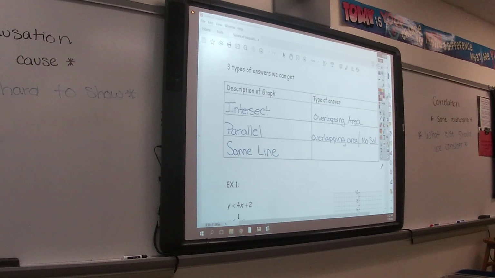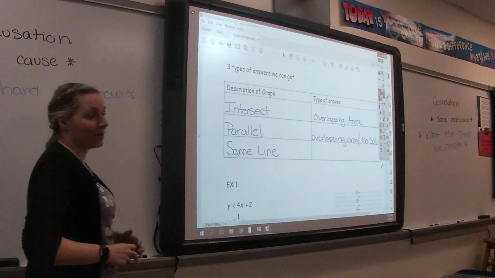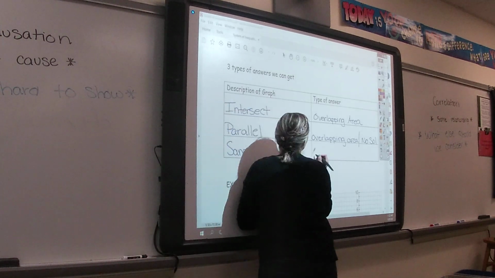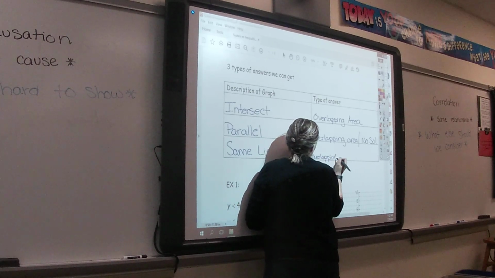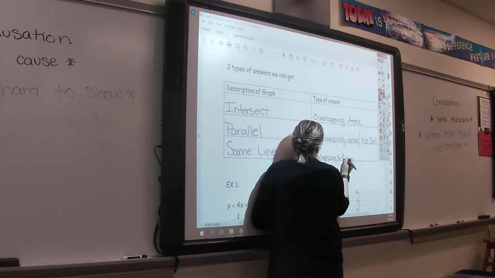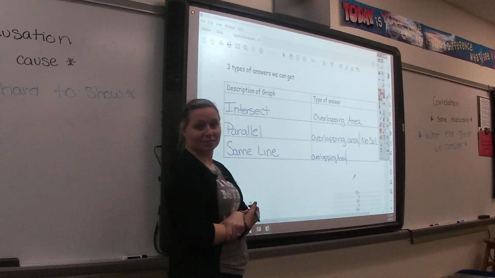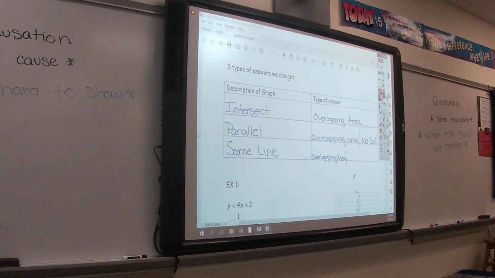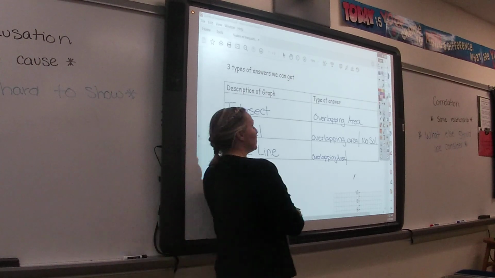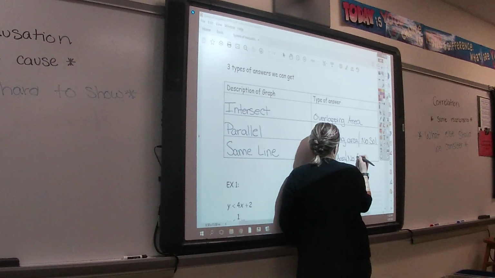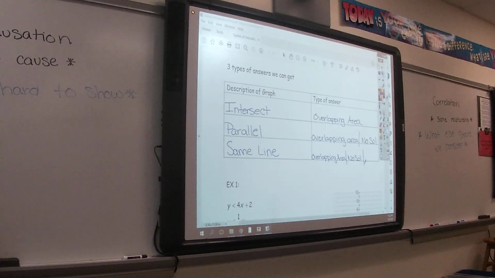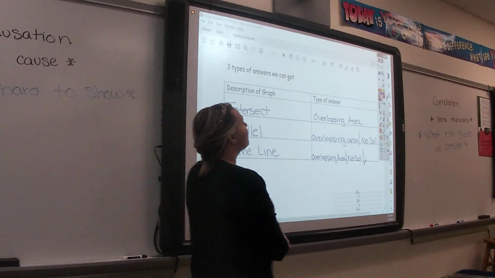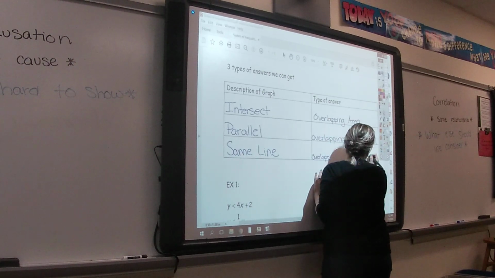If they are the same line, it gets even more complicated because it's possible that we have an overlapping area. It is possible that we have a no solution, which seems really weird even though the lines overlap. But it's possible. We're going to talk about that. And it is possible that we get the same line. No, just a line. We don't need same.